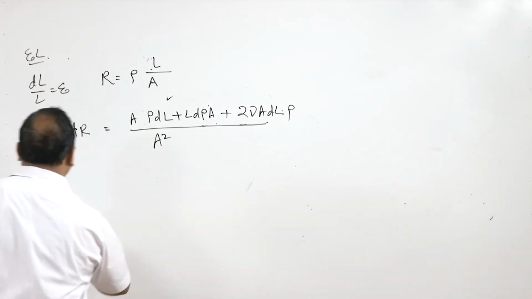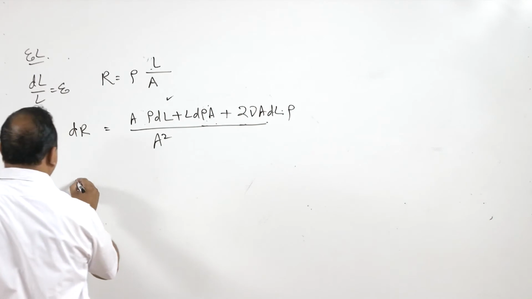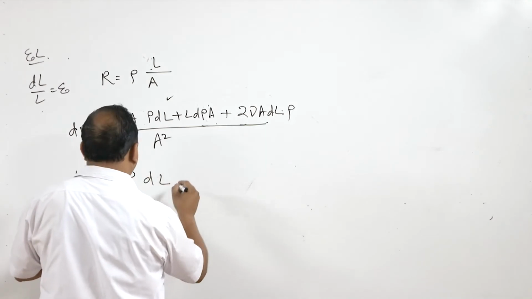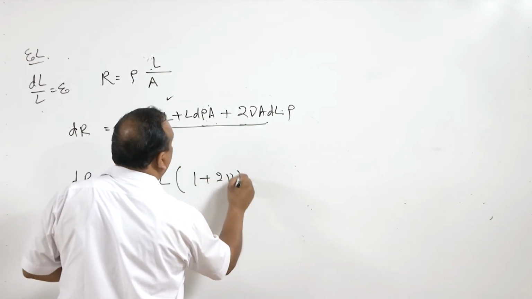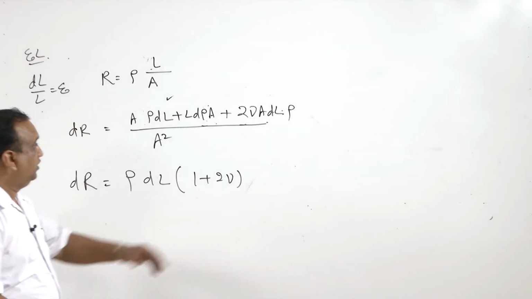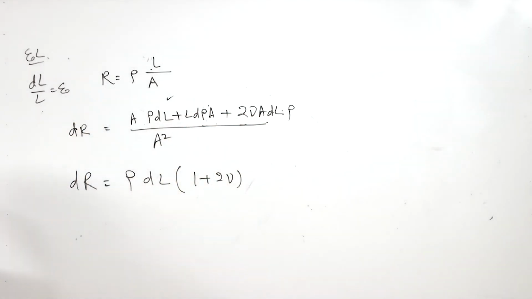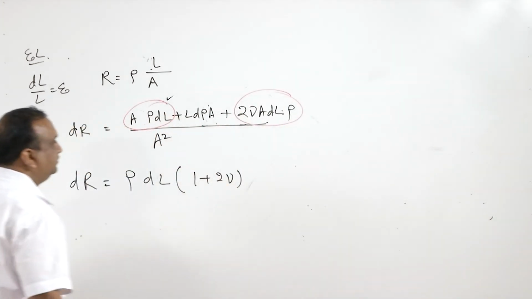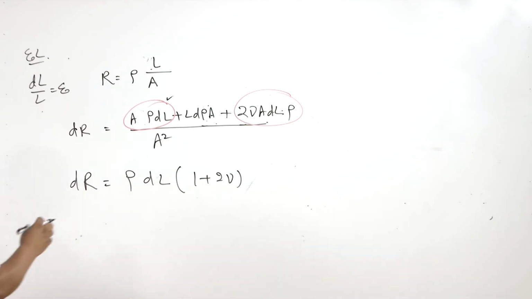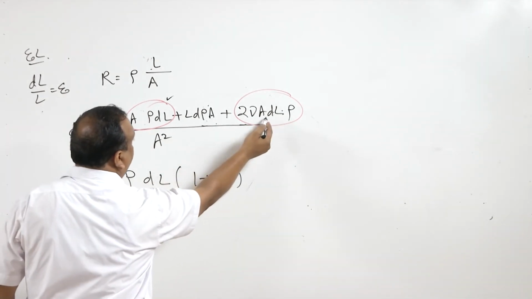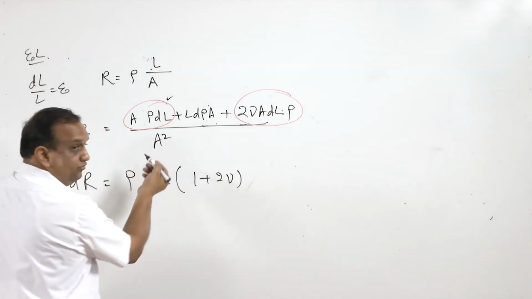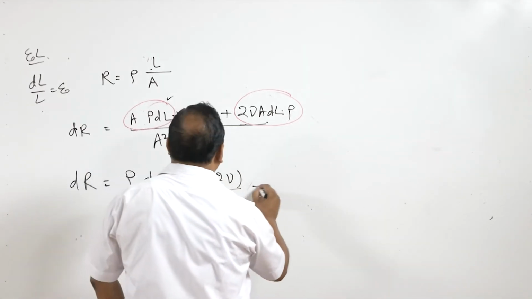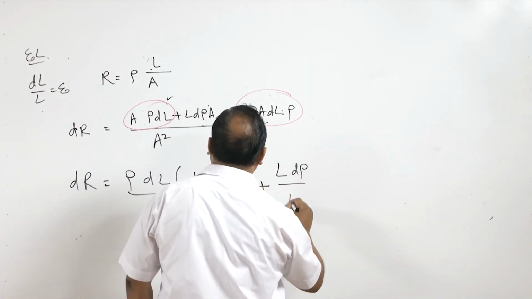We can take A as common, and we can write dr is equal to rho dl 1 plus 2 nu, because rho dl we will take from here, and club these two. So we will be getting rho dl 1 plus 2 nu A by A square, divided by A plus L d rho divided by A.